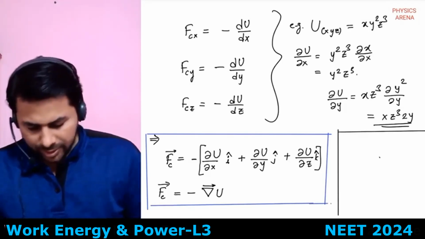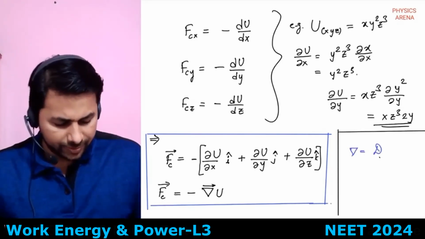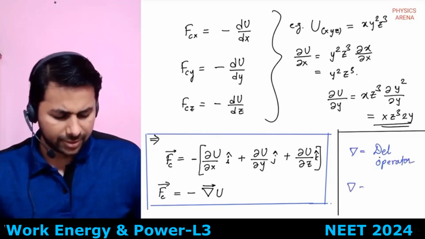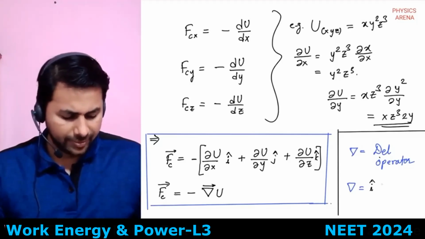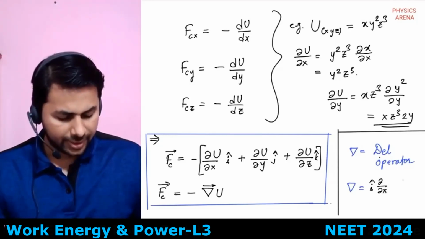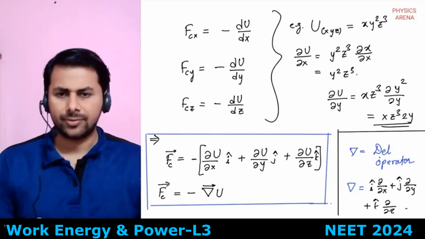So here this delta is called the Del operator. And this del is equal to what? It is just equal to i cap multiplied by ∂/∂x plus j cap multiplied by ∂/∂y plus k cap multiplied by ∂/∂z.